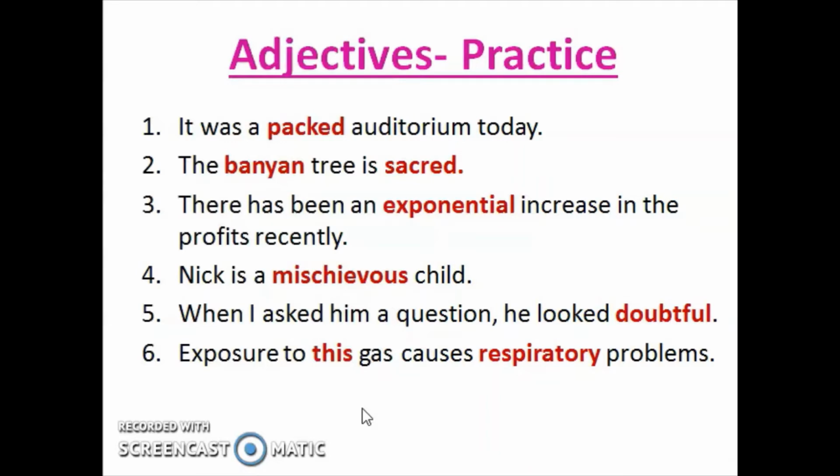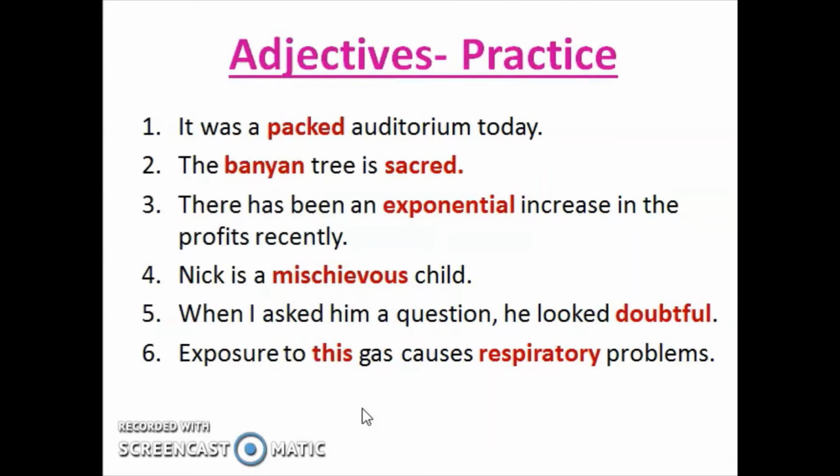The word sacred is not followed by any noun, which means that I need to ask the right question. Let me ask the question using the question word what. What is sacred? Well, the banyan tree is sacred, and the word tree is a noun, and hence the word sacred is an adjective that describes the noun tree.